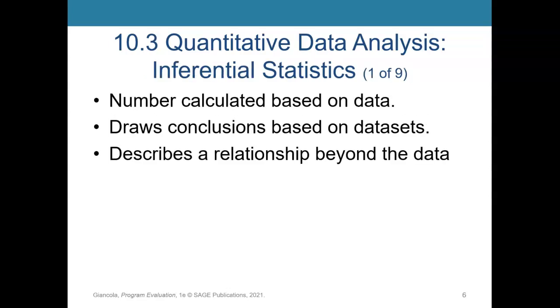Then we also have inferential statistics. Some people, like I said, consider correlation to be inferential, and we'll talk about that in a second. But an inferential statistic is a number that's calculated based on a data set and can be used to draw conclusions about a greater population that your data set is supposed to represent.